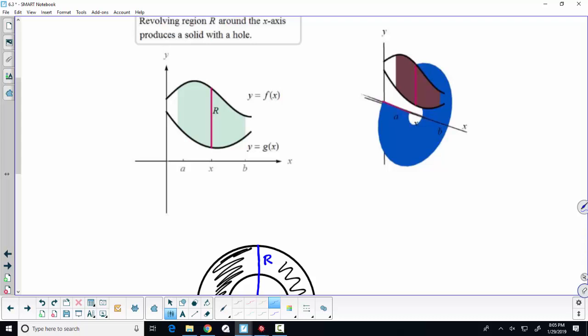So from here all the way down to the axis of revolution, that's our capital R. And from here to the axis of revolution is our lowercase r. So really the big radius, or the outer radius, is generated by the top function to the axis of revolution, that distance. And the inner radius, or the smaller radius, is generated by the function closer to the axis of revolution.